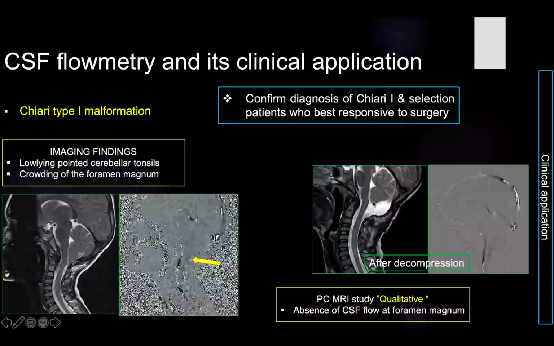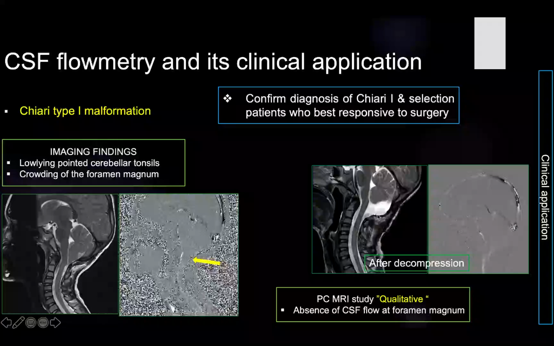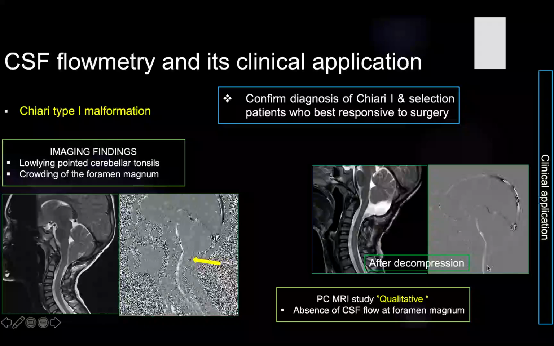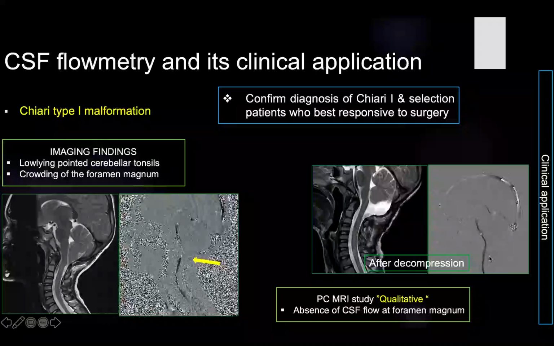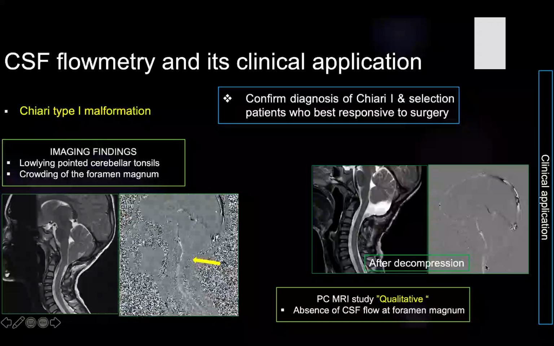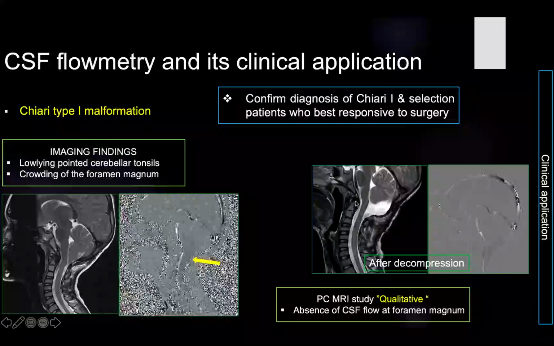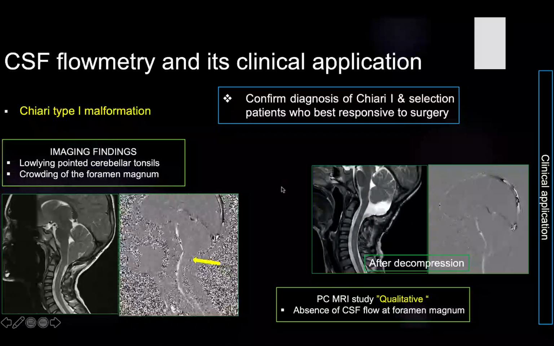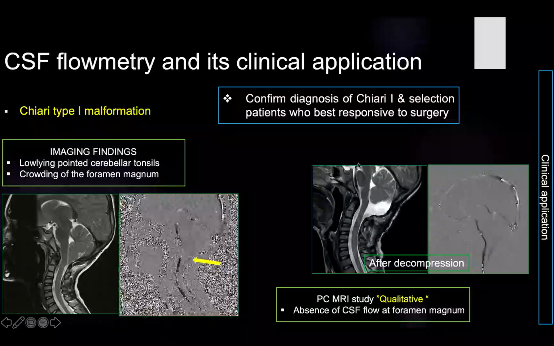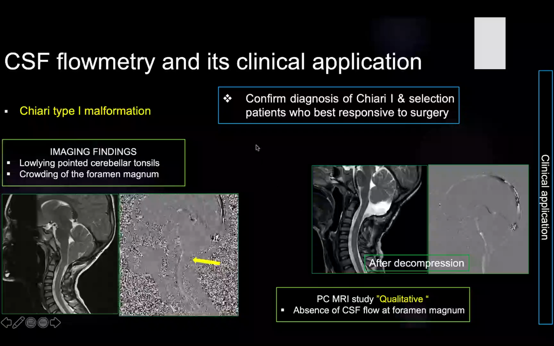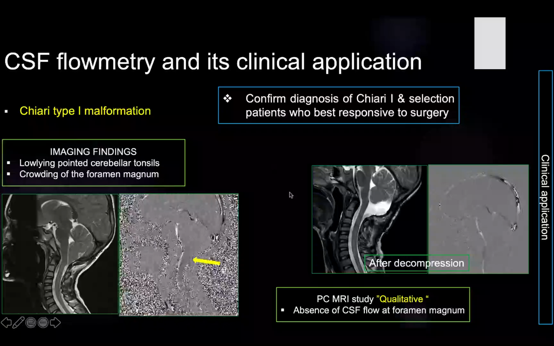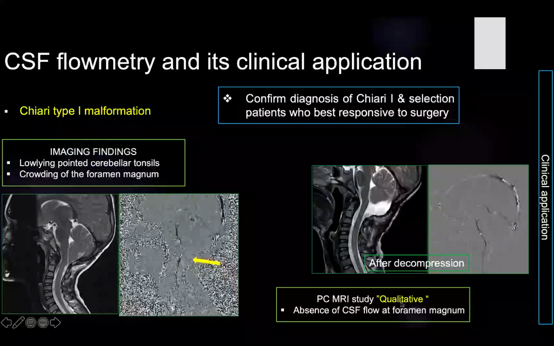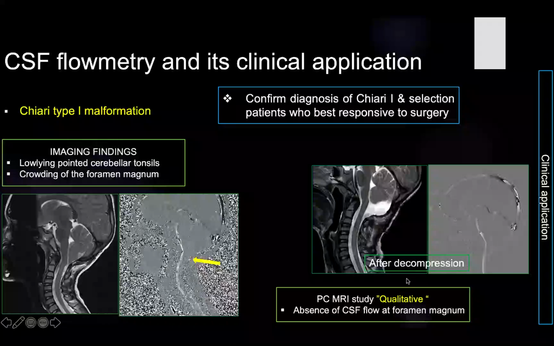These patients undergo a surgical intervention, and we can see there is a restoration of the CSF flow at the foramen magnum posteriorly, and the patient usually has a very good response after surgery. So in Chiari type 1 malformation, CSF flowmetry usually depends upon the qualitative assessment, not a quantitative assessment.